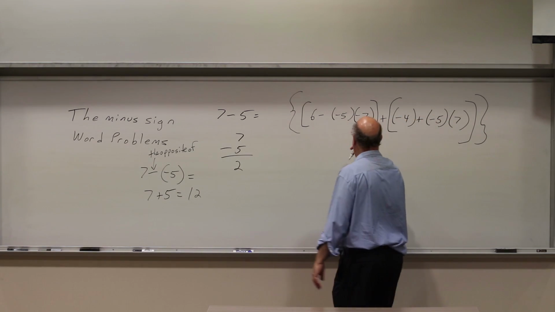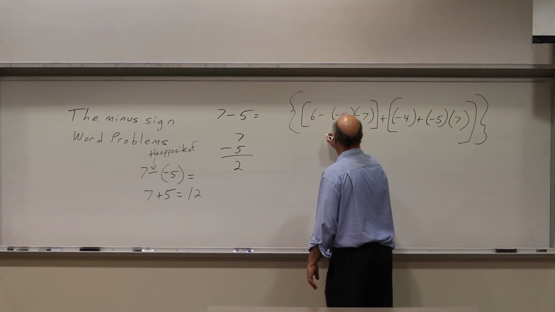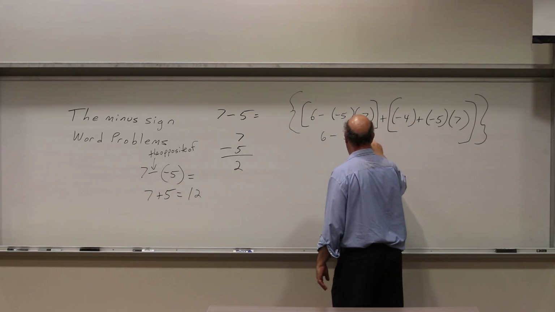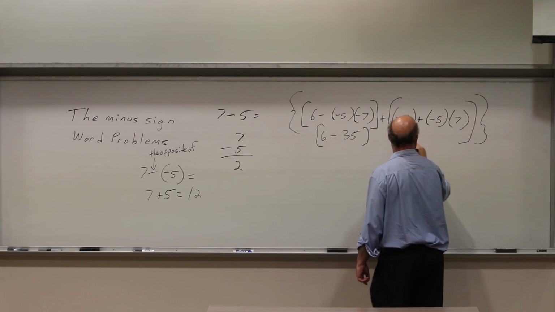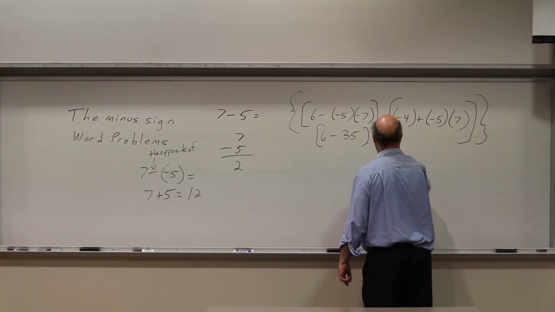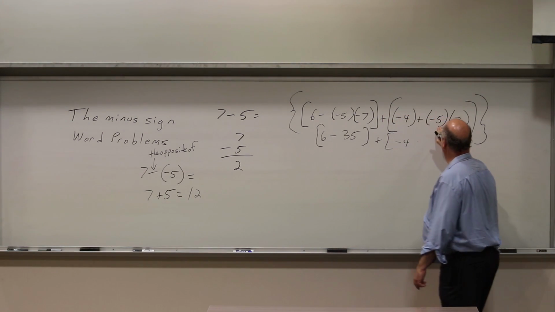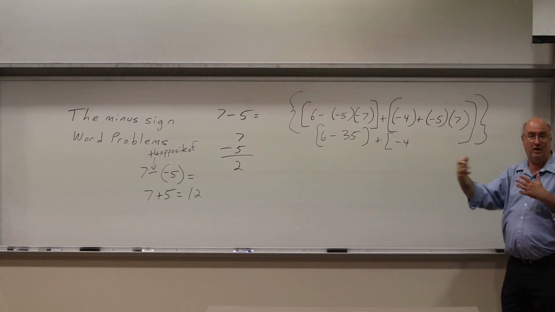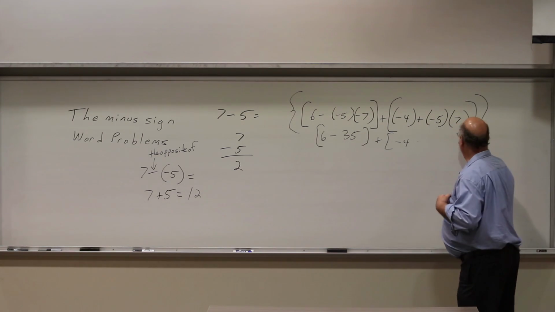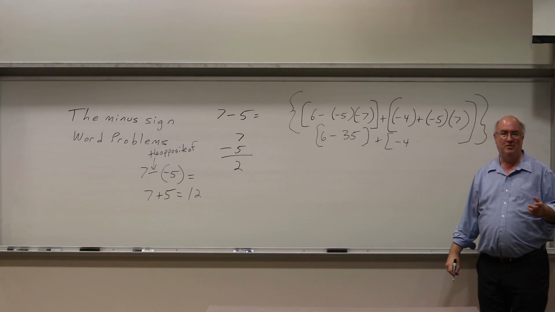They're the same sign. Okay, 35. Okay, minus times a positive, different signs, right? 7's positive. It doesn't have to have a plus sign to know it's positive.